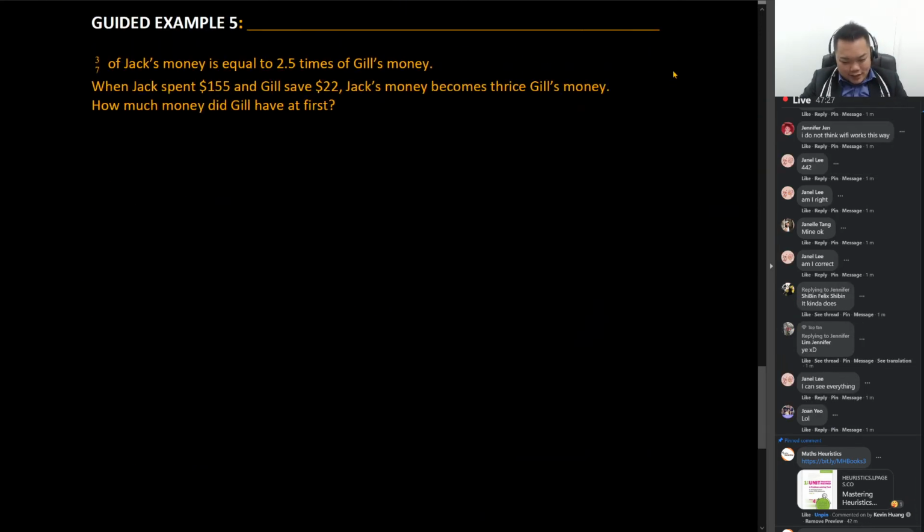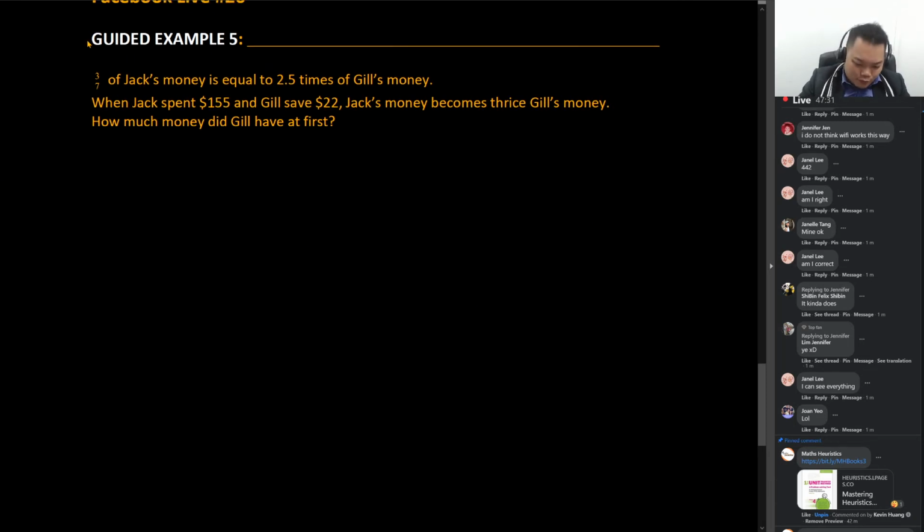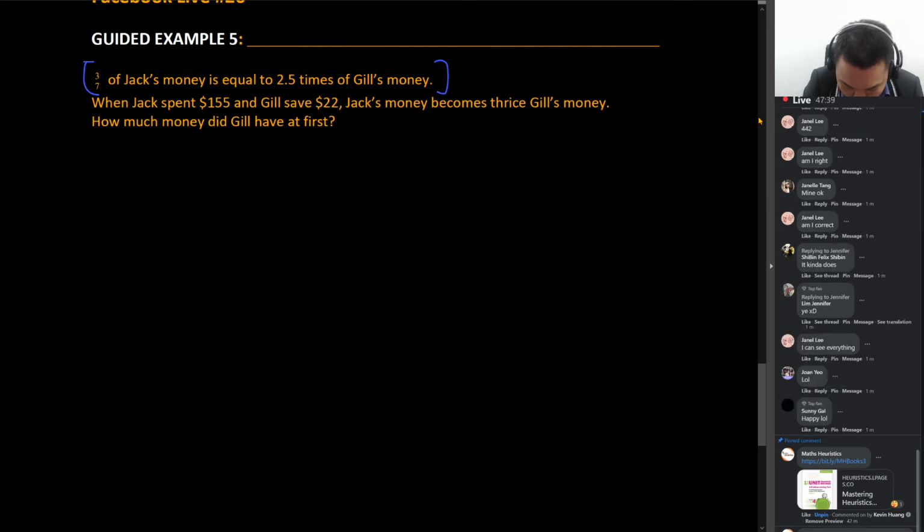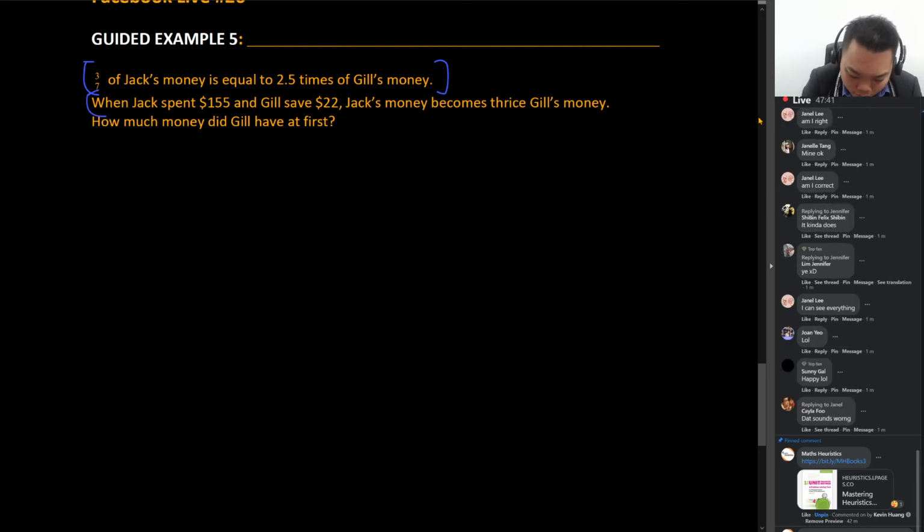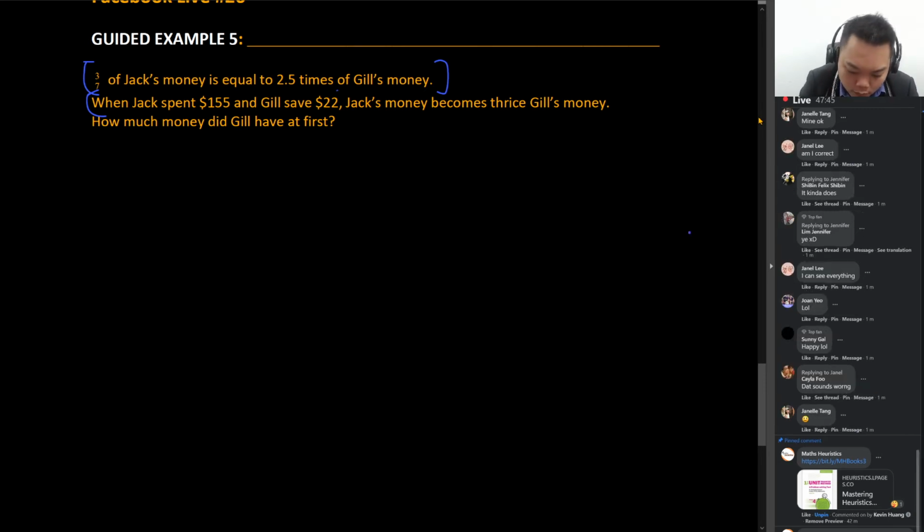Right, then the next one, the last one, which is the final boss for today. So 3/7 of Jack's money is equal to 2.5 times of Gil's money. When Jack spent $155 and Gil saved $22 more, Jack's money became thrice of Gil's money.